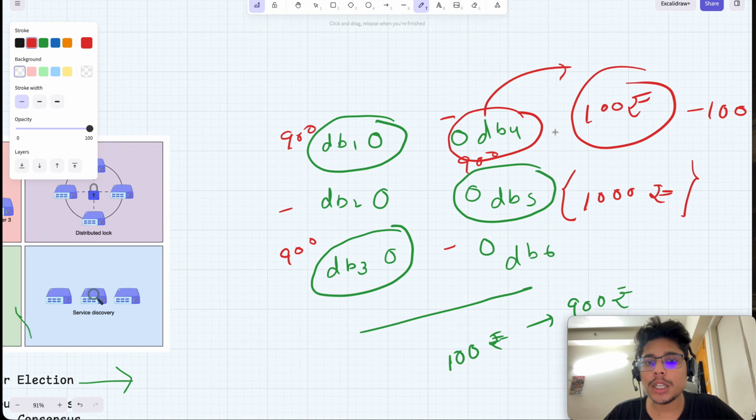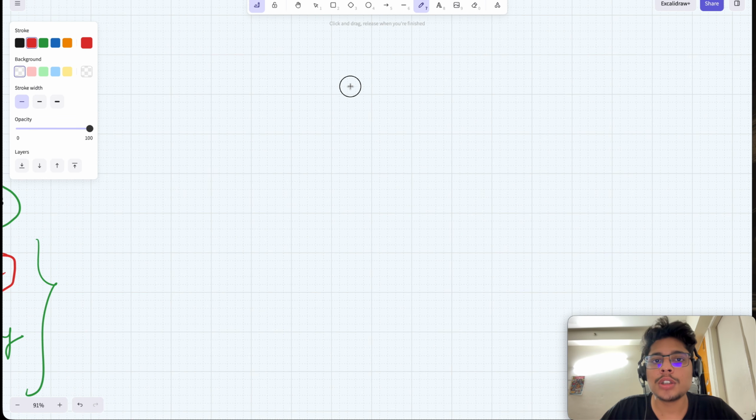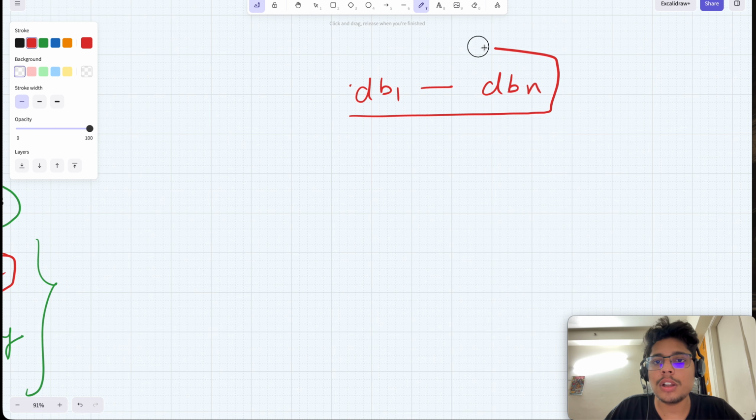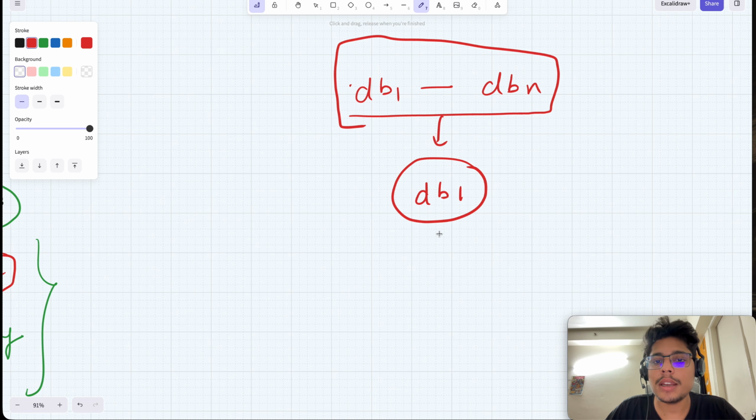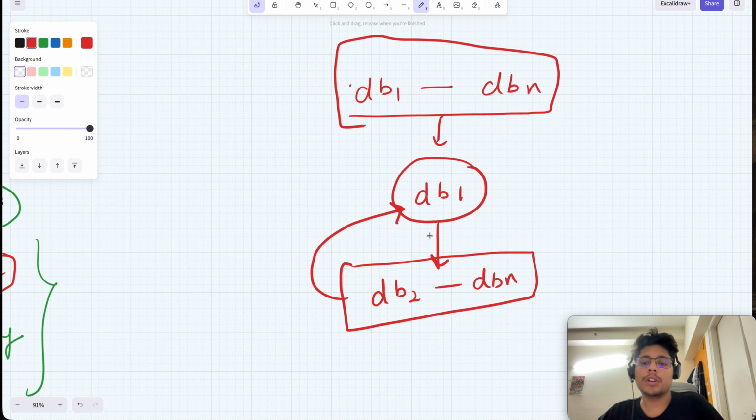So let's understand the concept of leader election first. Suppose we have dbs, db1 to dbn. Among all these nodes we have a leader, which is suppose db1. Then all of the nodes, db2 to dbn, just follow db1.